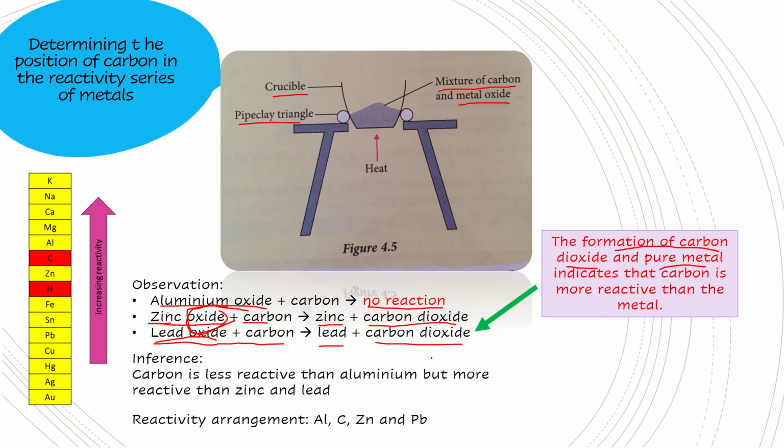Carbon is more reactive than lead. Lead duduk dekat sini. This is lead. Dia duduk di bawah berbanding carbon. Carbon kedudukan dia adalah lebih tinggi. So ini menunjukkan carbon is more reactive. So carbon is able to remove oxygen from lead and form carbon dioxide and pure lead.